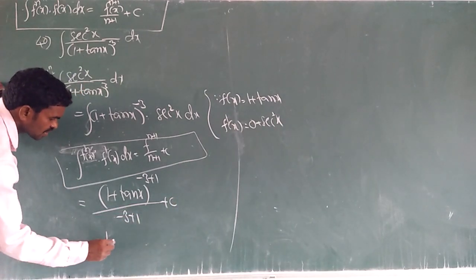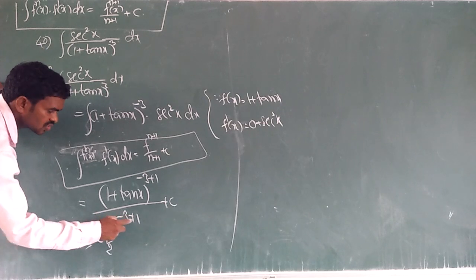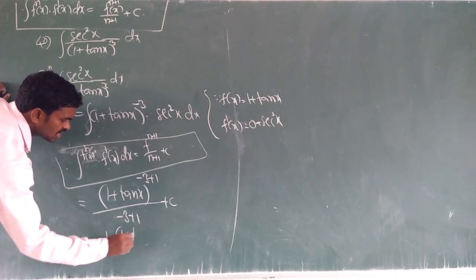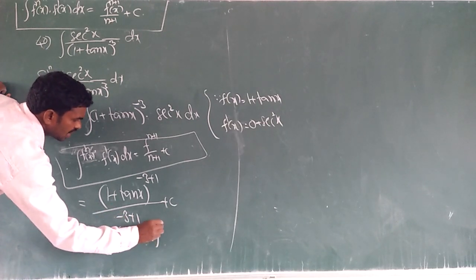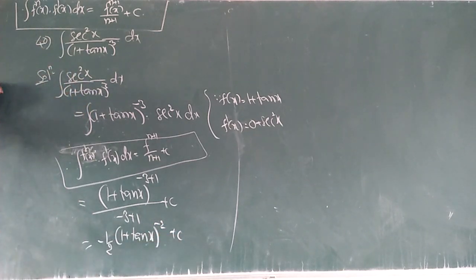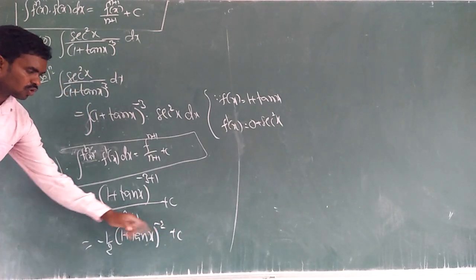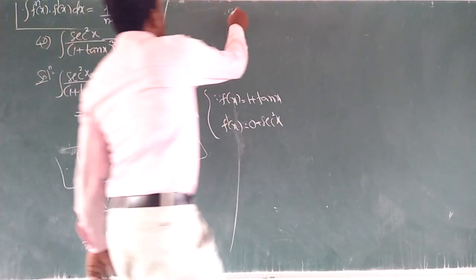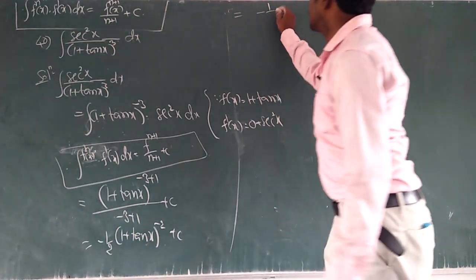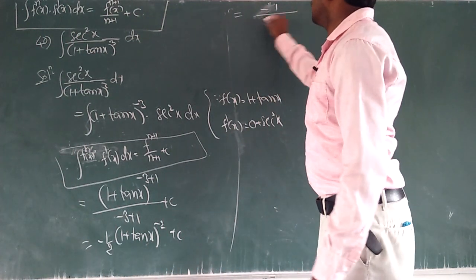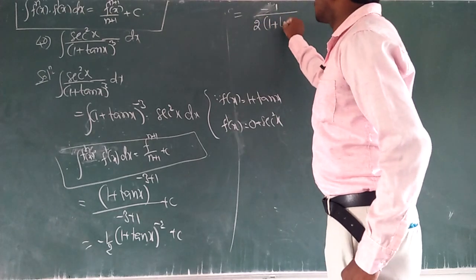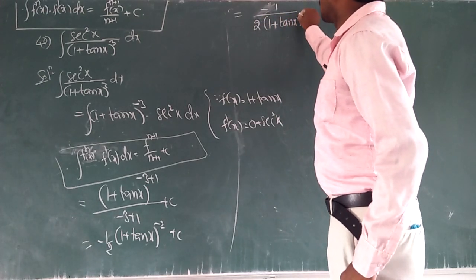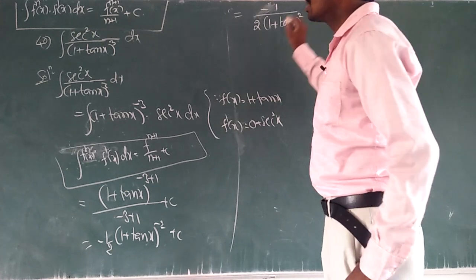So the answer is minus 1 by 2, and here it becomes (1 plus tan x) to the power of minus 2. Or we can write it in the denominator with whole power 2. So it is also written as minus 1 by 2 into (1 plus tan x) power 2, plus c. This is the answer.